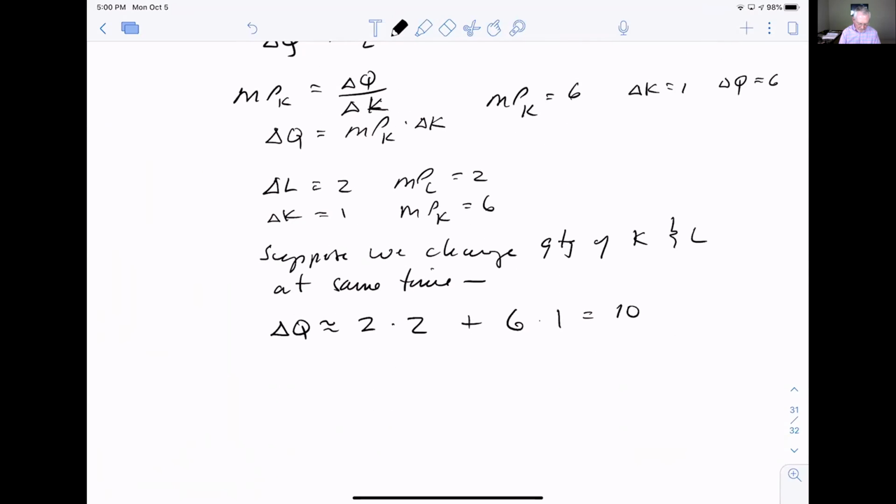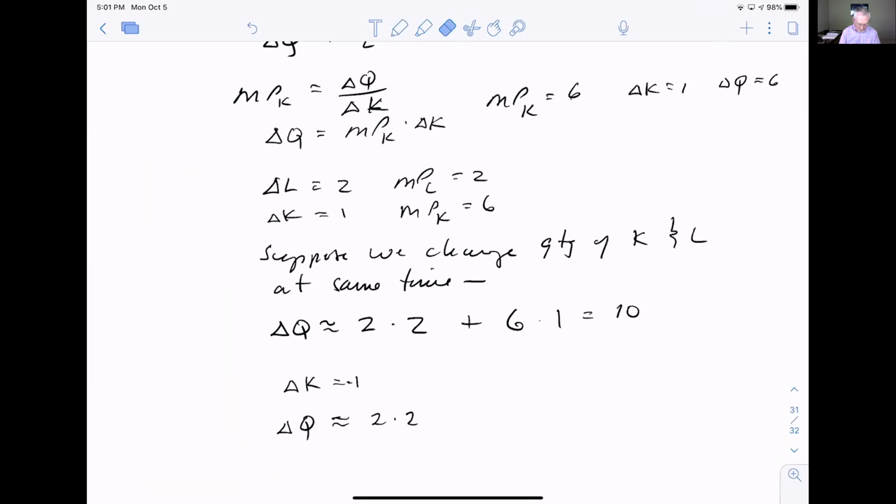But moving along my isoquant, suppose I make delta K equal to -1. So now I'm thinking about increasing labor and decreasing my capital inputs starting at the same point. This would be approximately equal to, again, marginal product of labor of 2 times plus 2 labor inputs. Now in this case, I'm going to add my capital change. Oh, I need to make this a -1. Why do I keep doing this?